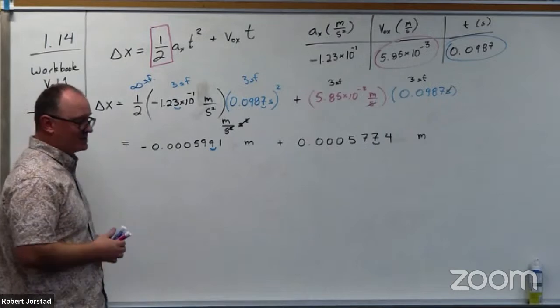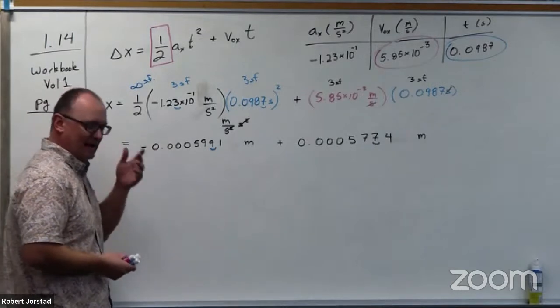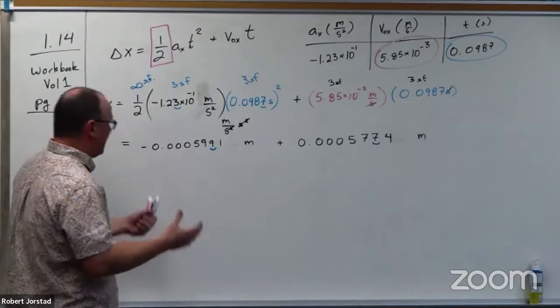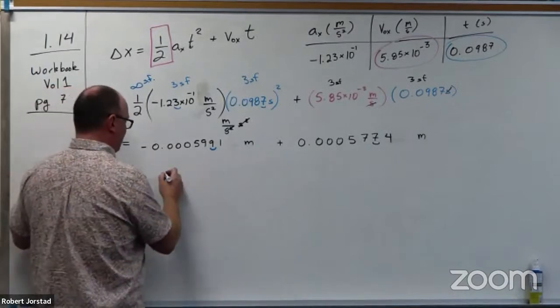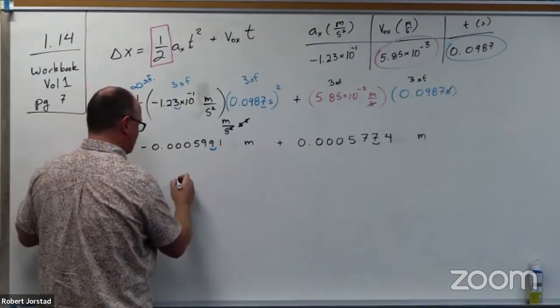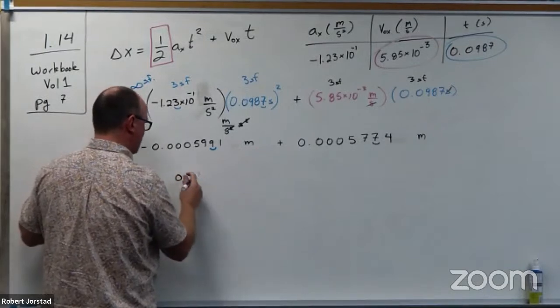now I want to add these two numbers. I'm adding or subtracting. I worry about the column of sig figs. So I'm going to line this up like old school.